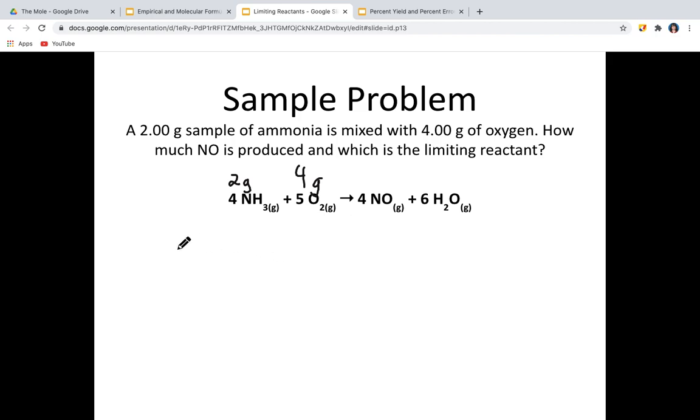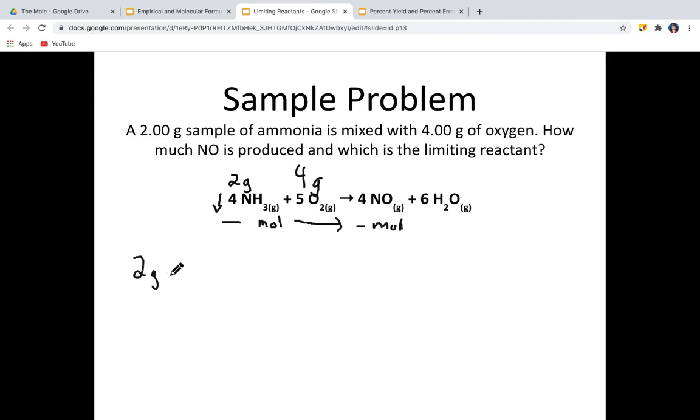So I'm going to start off with setting up this one for ammonia, and just like the last one, we're going to follow it out the same. It asked how much NO is produced. It doesn't say what mass of it, so I'm just going to carry it to moles, in as few steps as possible.